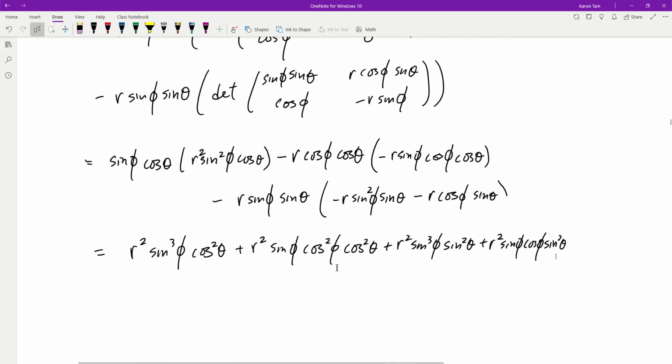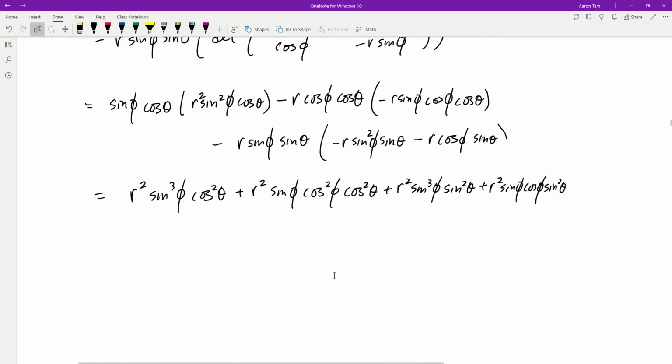All right, so let's see what we can clean up. I'm looking at this right here, and I noticed the following. If I look at these 2 terms, wait, let me see.